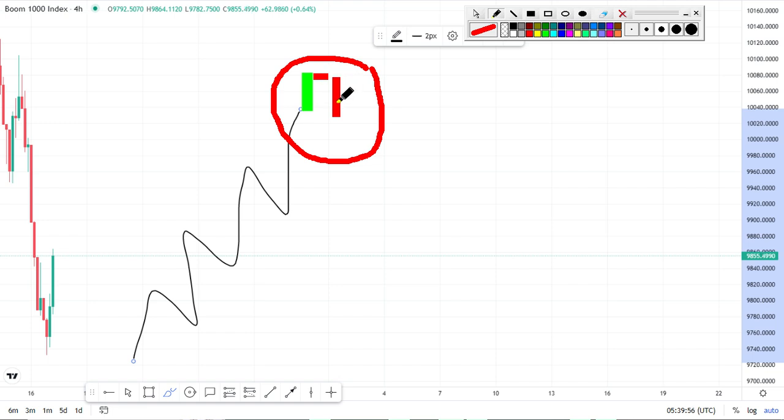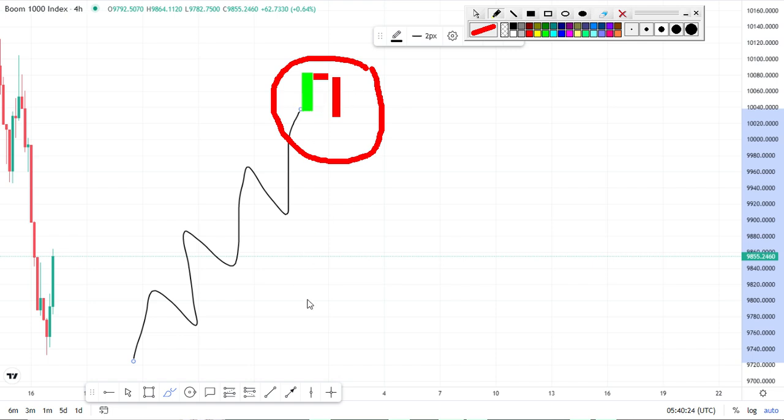But what is important is that the first and the third candle within this zone should be bigger than the second candle. The first candle, which is the green candle, and the third candle, which is the red bearish candle, should be bigger than the second candle in the middle. The candlestick in the middle should be smaller than the two candles.